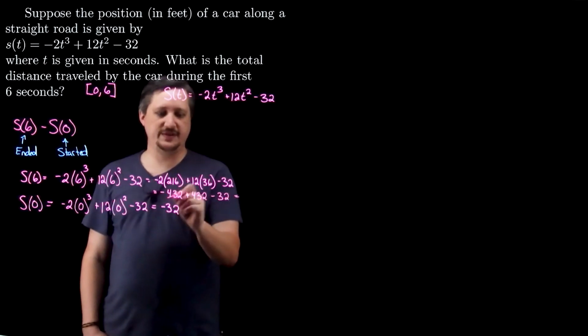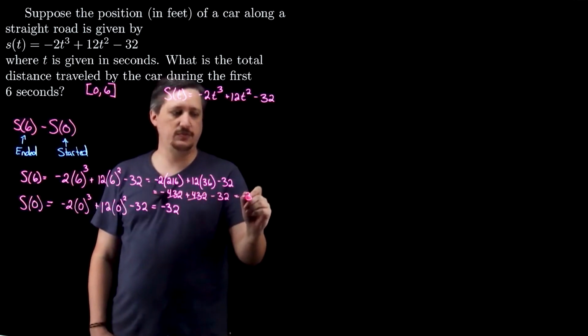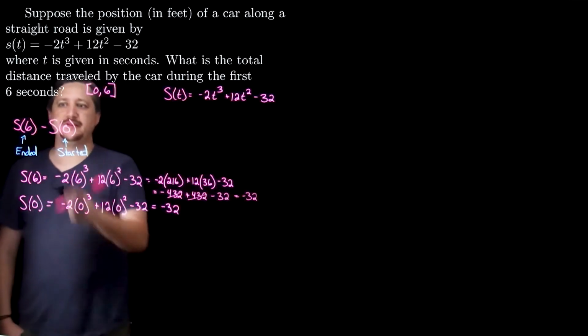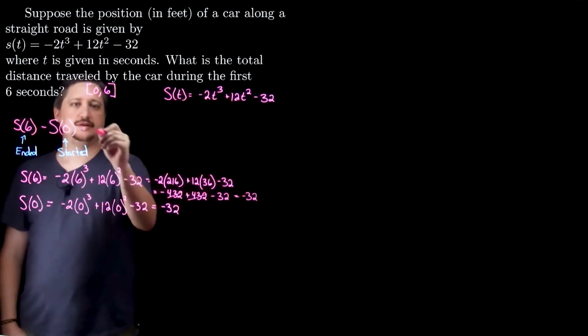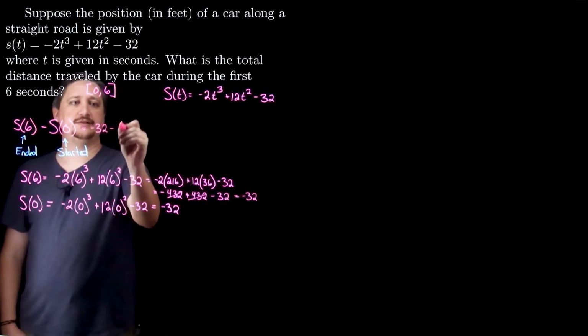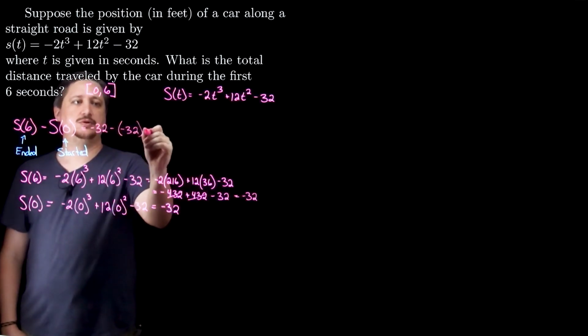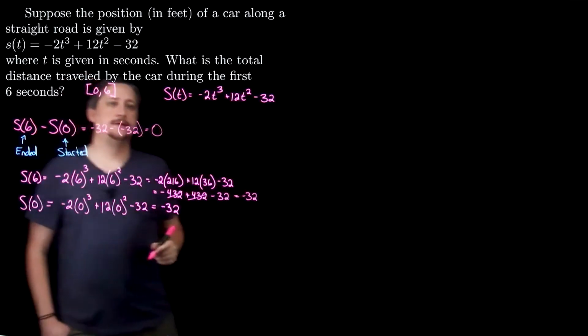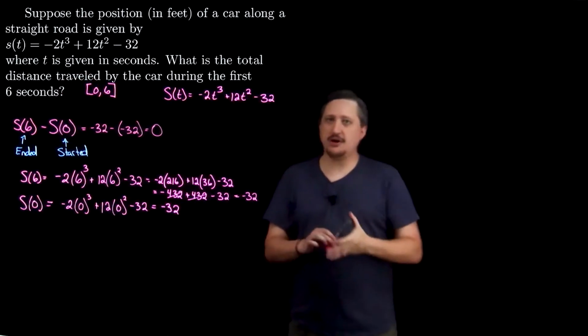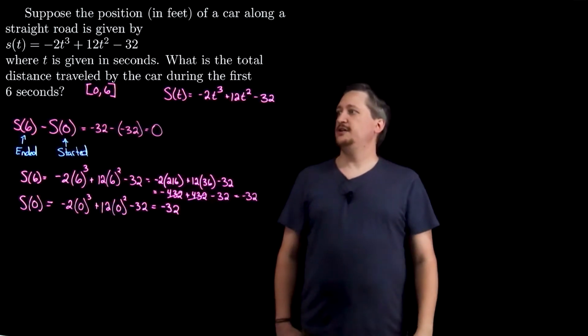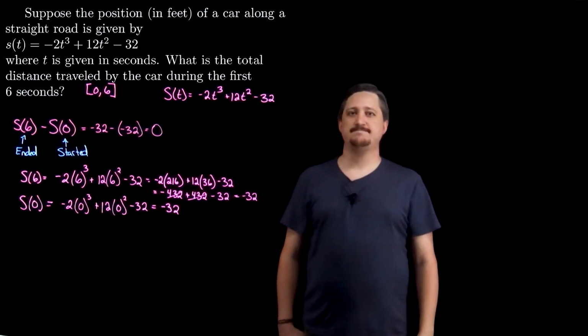But these cancel, so that's -32. So that tells me that s of 6 minus s of 0 is really -32 minus -32, which is 0. So doing it this way, I claim that my car has traveled a total of 0 distance.